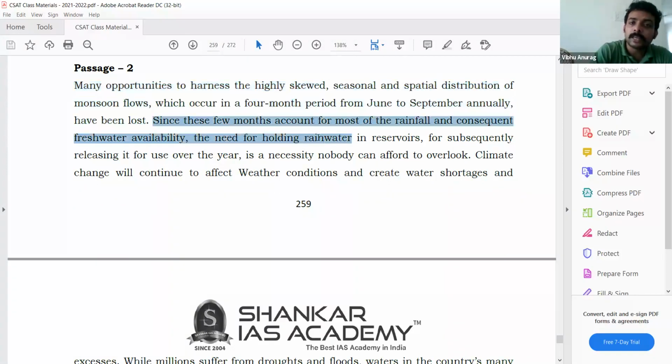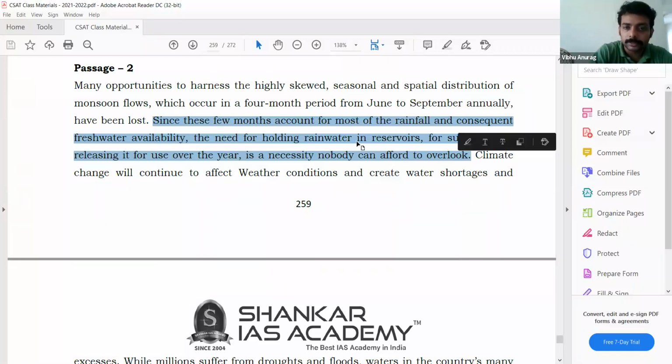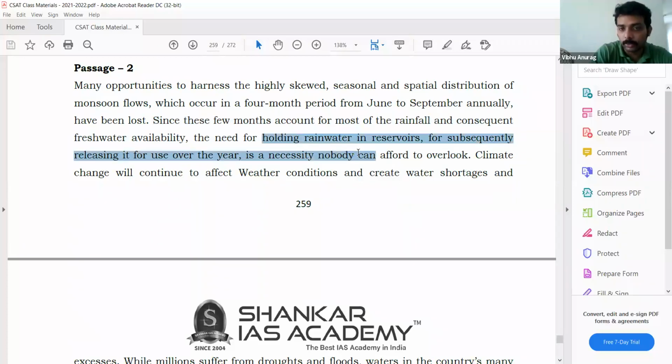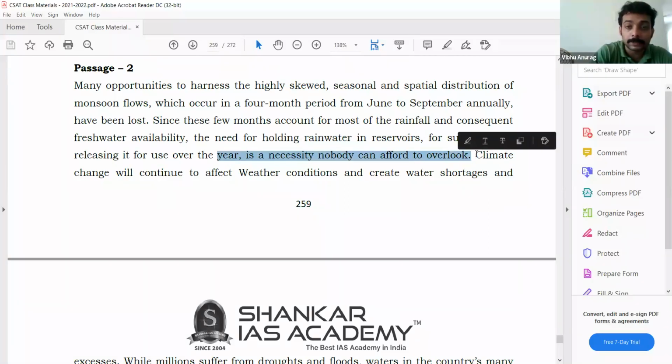Since these few months account for most of the rainfall and consequent freshwater availability, the need for holding rainwater in reservoirs for subsequently releasing it for use over the year is a necessity nobody can afford to overlook. So because it only occurs for these months, we need to conserve this rainwater, we need to harvest it, and we can't afford to overlook this requirement.